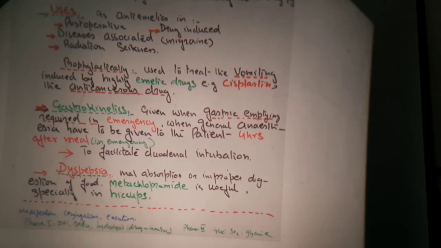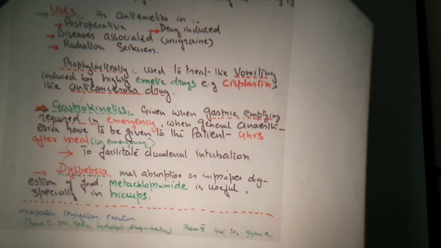This general anesthesia may have to be given when the patient has had a meal just 3 to 4 hours before. So when the patient has had a meal at least 3 to 4 hours before the anesthesia, emptying of the gastric contents or the GIT is compulsory and required immediately.